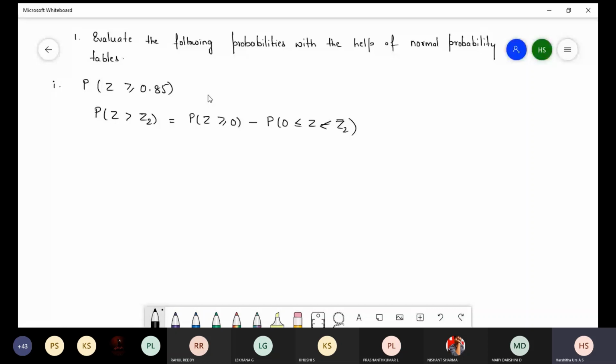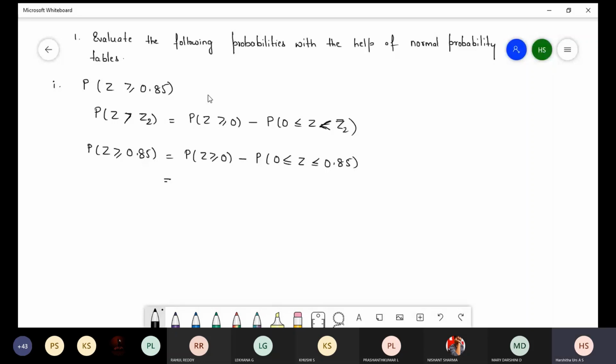So here I just write P of z greater than or equal to 0.85 is equal to P of z greater than or equal to 0 minus P of 0 less than or equal to z less than or equal to 0.85. If it is greater than or equal to, we can write less than or equal to 0.85.